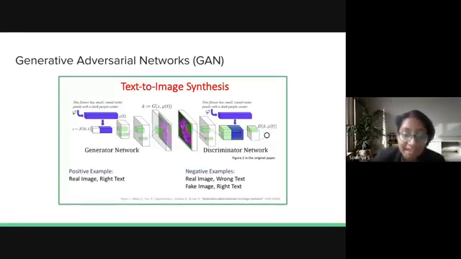So we have the sense of positive examples and negative examples in the generator and discriminator networks. You can see it's as powerful as we saw with sequence models, where you can use different modalities of data to generate useful information.